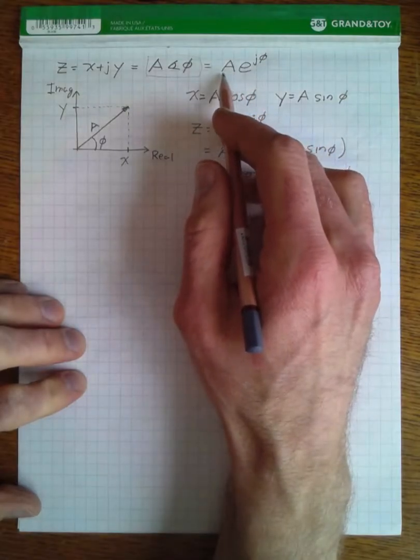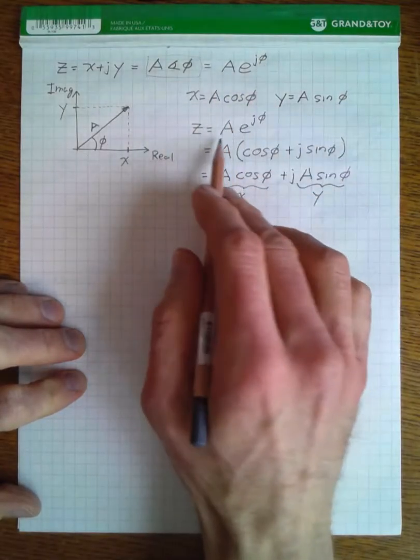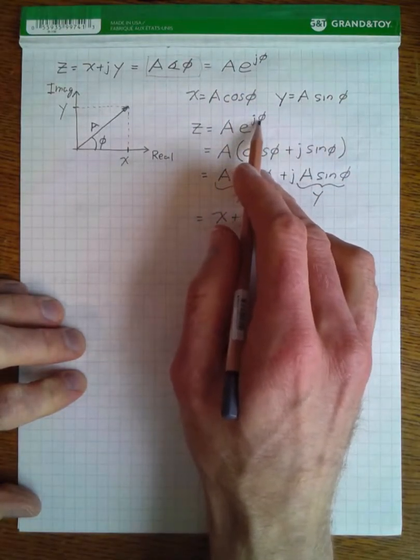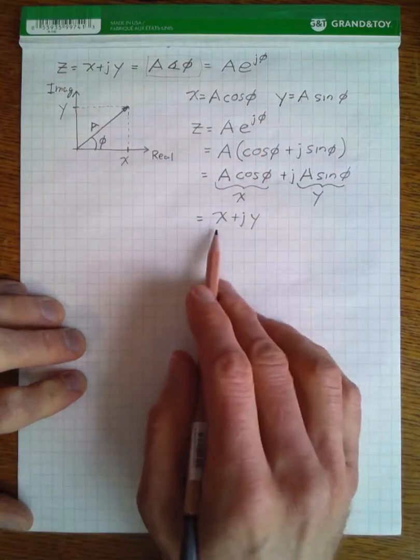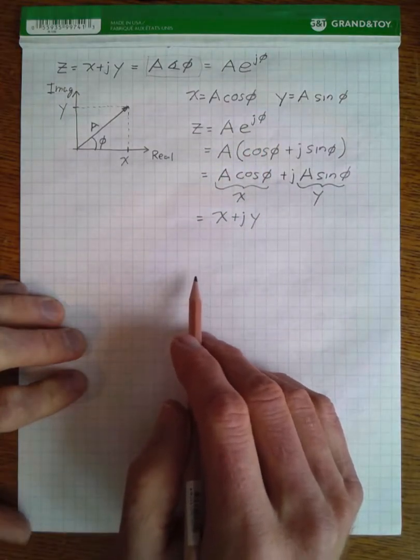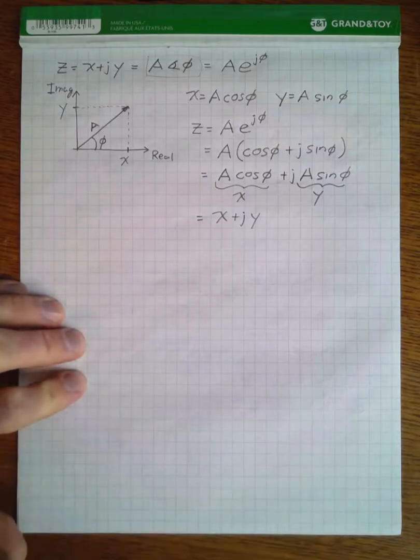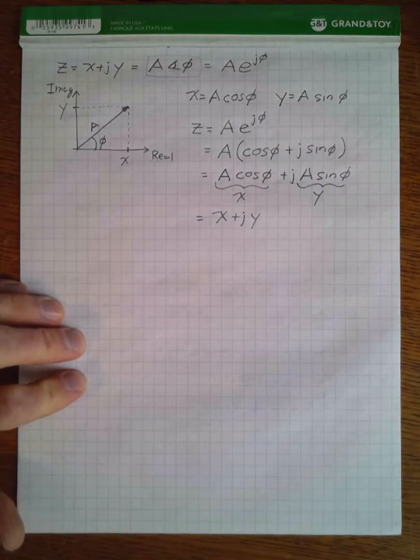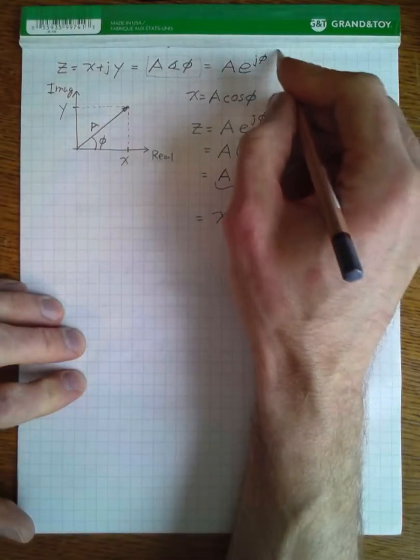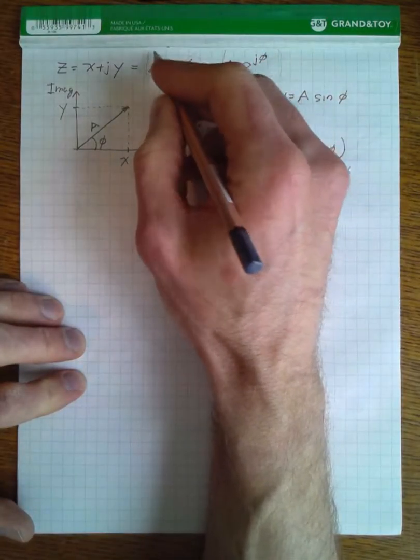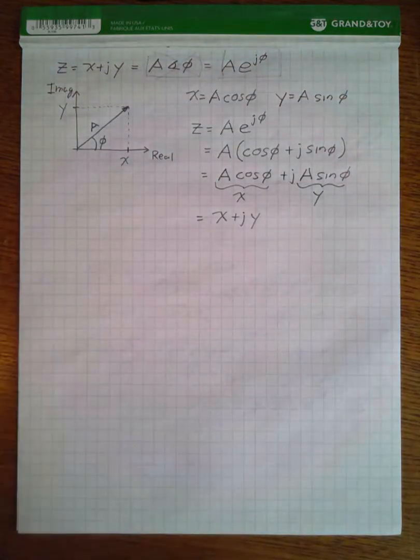However, if we use the complex exponential, as we can see here, A e to the j phi is mathematically equal to x plus jy. And so for the rest of my video lectures and any assignments, if we want to represent a complex number in terms of its magnitude and phase, I will always be using this notation, and I will never be using that notation.